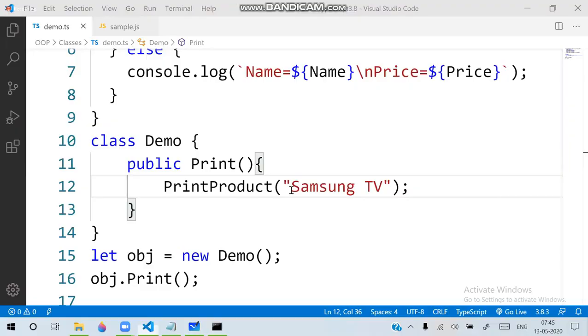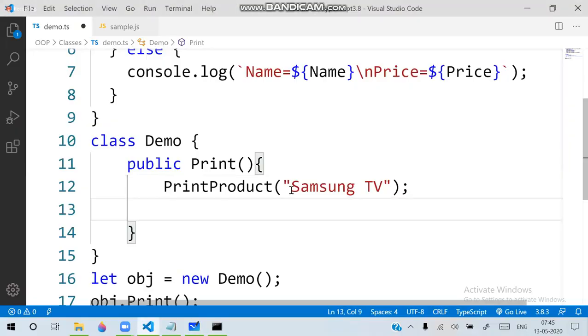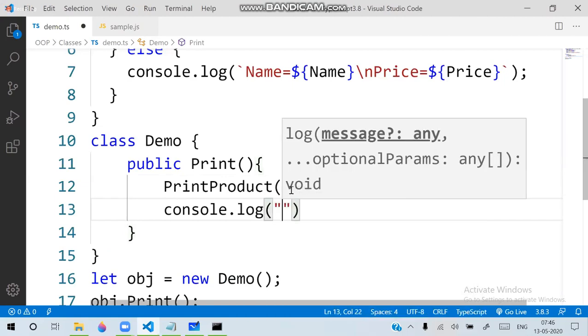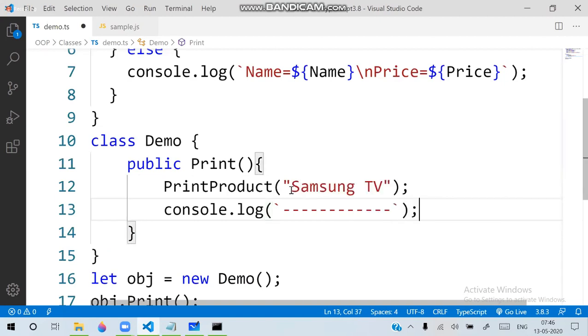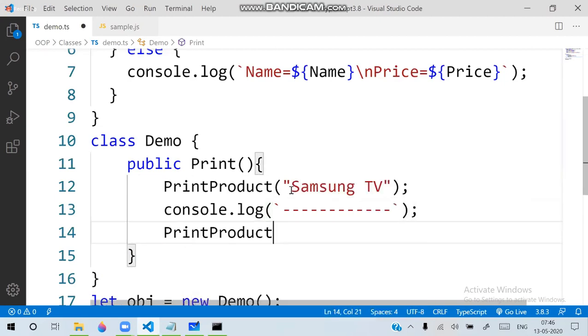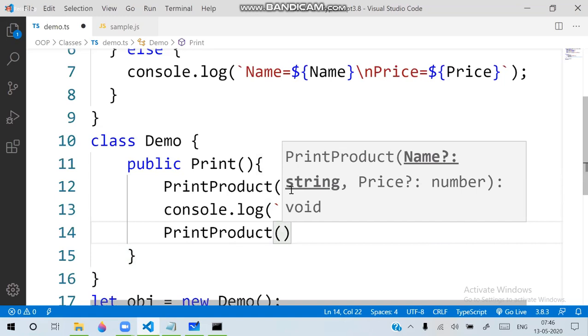Okay, I am passing another. So here console.log, some dots. And I am calling print product again. Here I am not passing the name, I am passing the price.